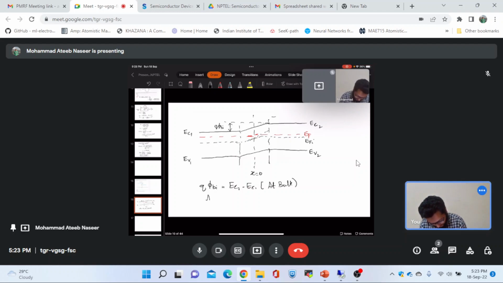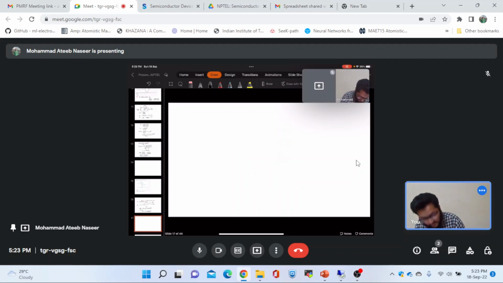At equilibrium, the majority concentrations will be given by ND1 equal to NC, effective density of states at the conduction band edge, exponential of (EF minus EC1) by KT. And similarly for the right hand side, ND2 will simply be given by NC exponential of (EF minus EC2) by KT.